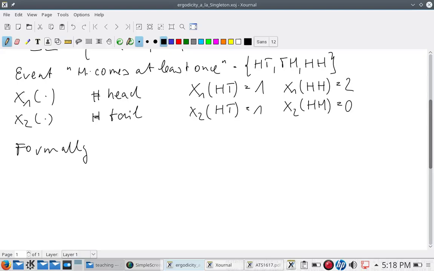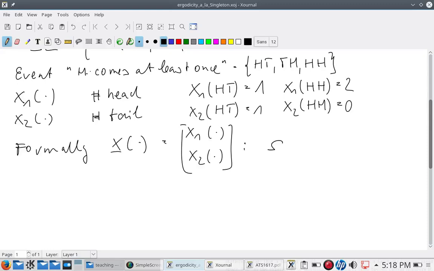So formally, I have a vector of random variables, X underscore, and this underscore indicates a vector here. I'm going to collect the two random variables in that vector. So that's basically a vector-valued function, and this function takes as an argument one element out of the sample space omega.